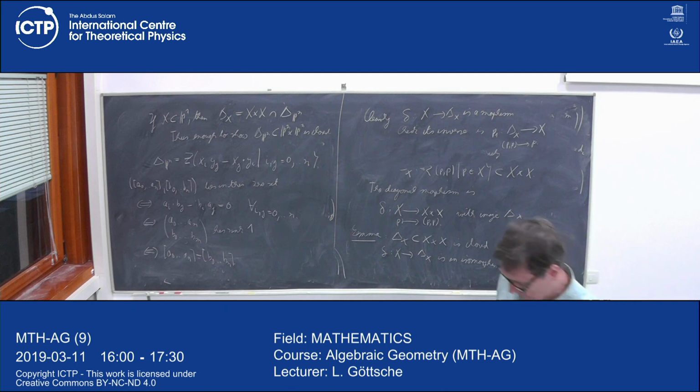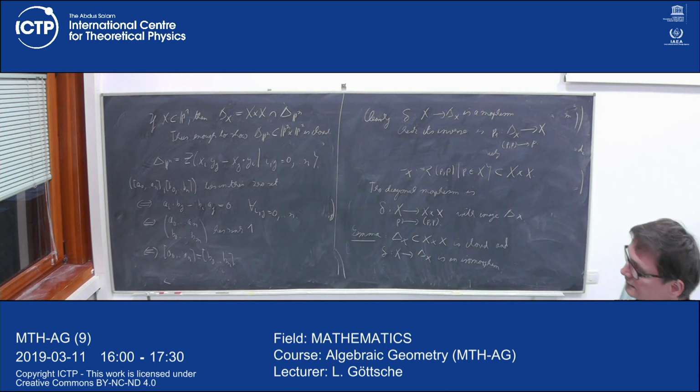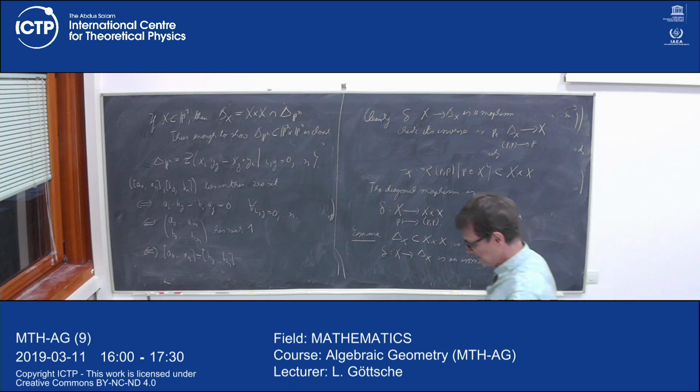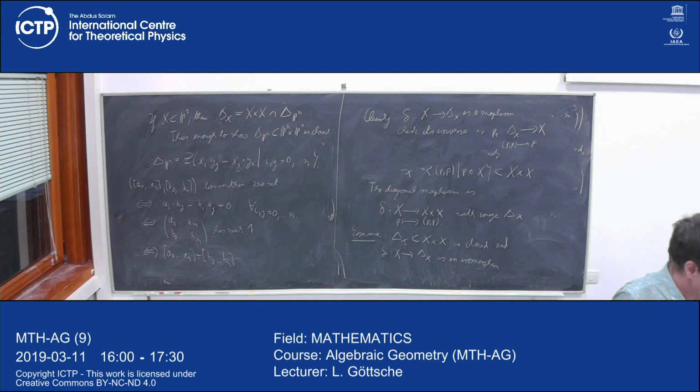So now, this thing that the diagonal is closed is actually quite important because this is the property that all quasi-projective varieties, so that means affine or projective varieties, have, which replaces for us the Hausdorff property. Obviously these varieties are never Hausdorff, the topology is terrible.